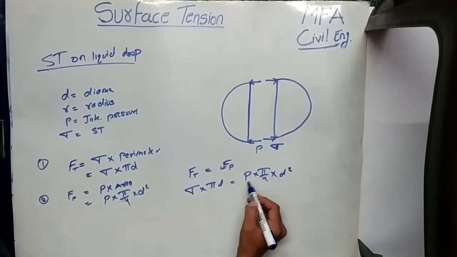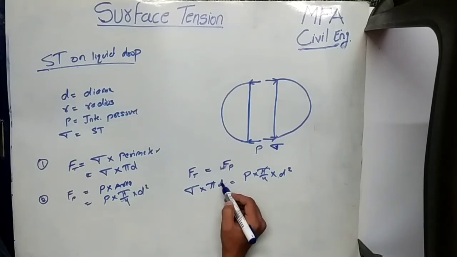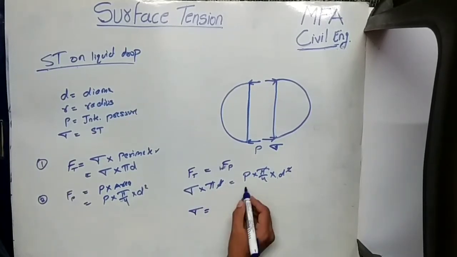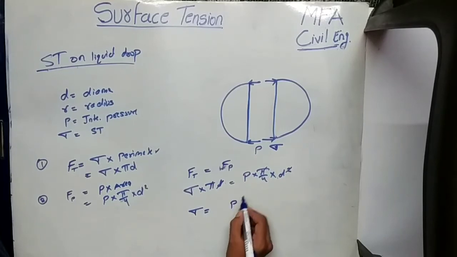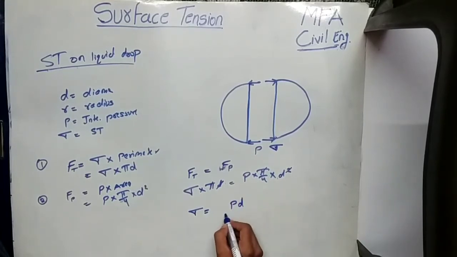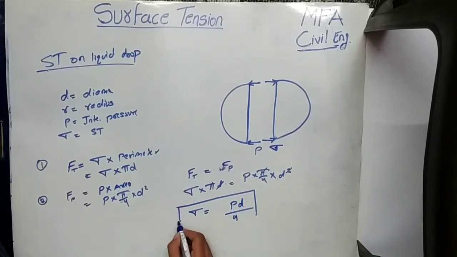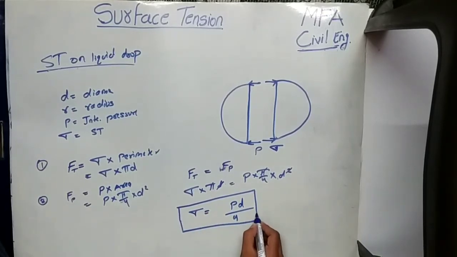Now pi gets cancelled, and one diameter gets cancelled. Then surface tension is equal to pressure into diameter upon 4. This is the expression for the surface tension in the case of a water drop.